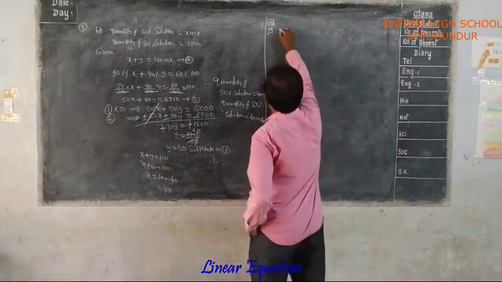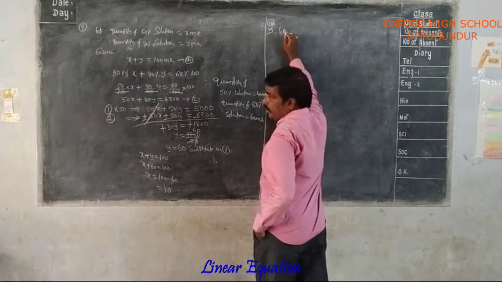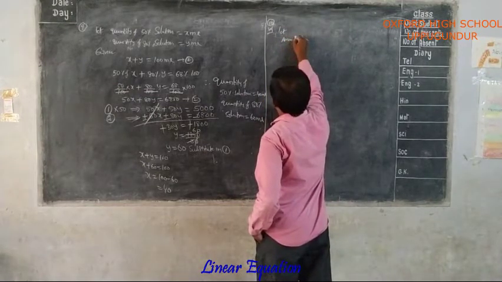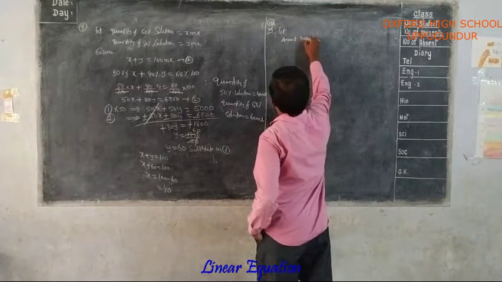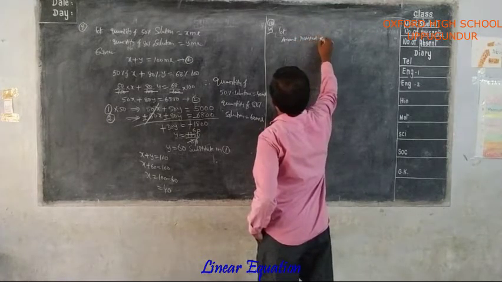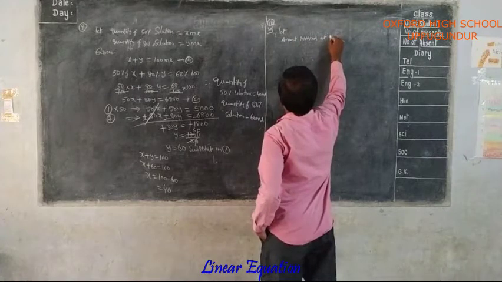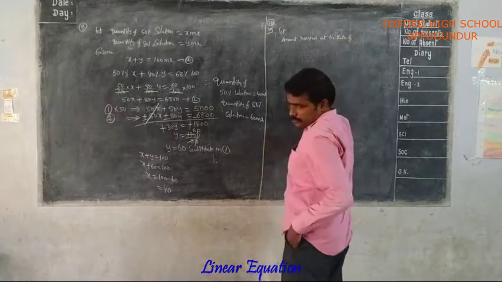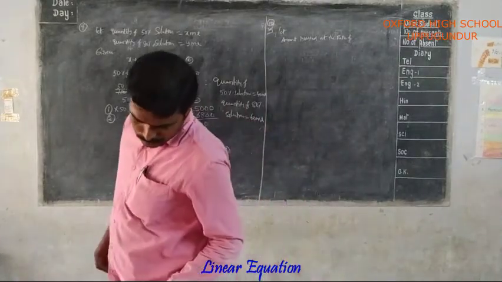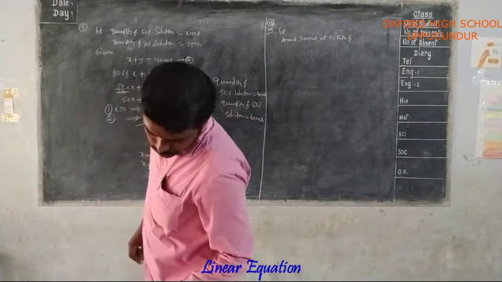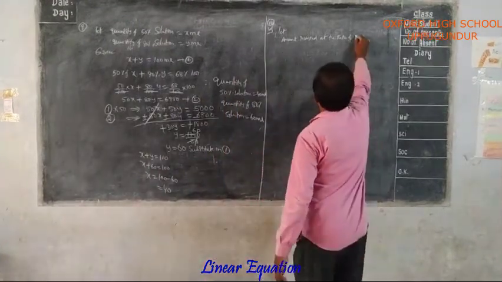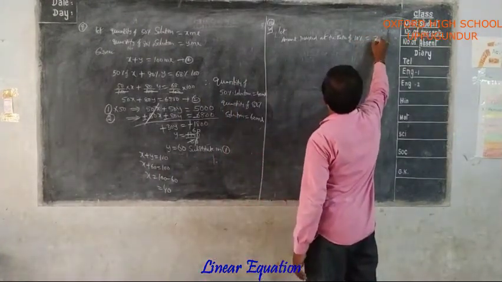So we have to consider two amounts with different rates. Let the amount invested at the rate of 10% equal to x rupees.